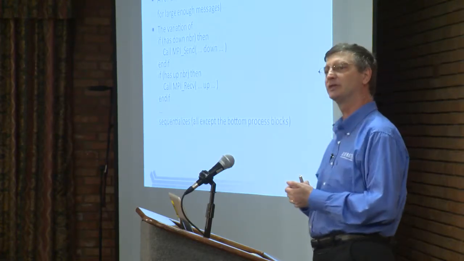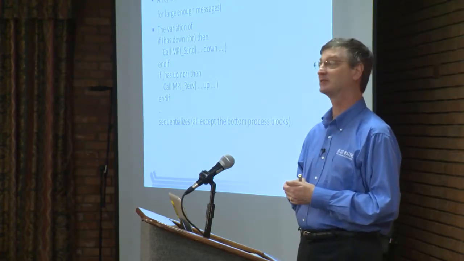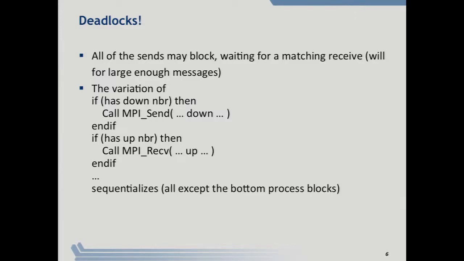And I do say may, because it depends on how the MPI implementation implements the blocking send. So the code might work, or it might work for a while until you've gotten a lot of confidence in it, and then you make the problem bigger, and it suddenly deadlocks. Well, the first thing you can do is say, OK, I have to make sure that there's some place to receive.